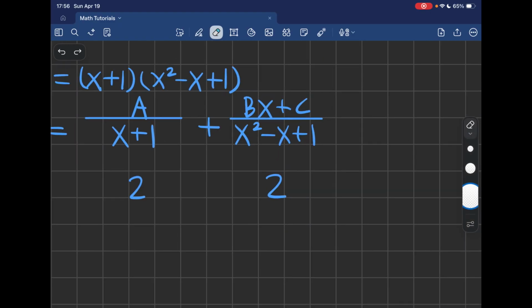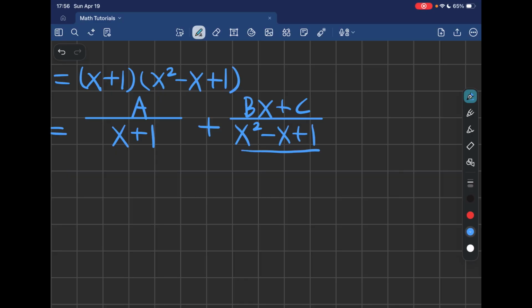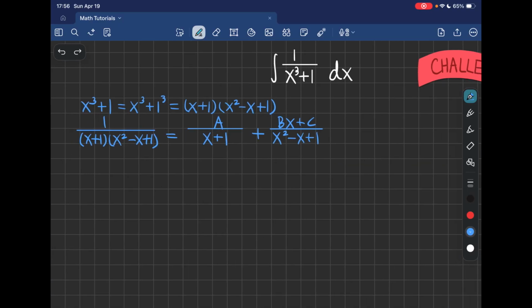So here, it becomes bx plus c. So the denominator, you can see, always has a higher power than what's in the numerator when we're doing this partial fraction decomposition thing.